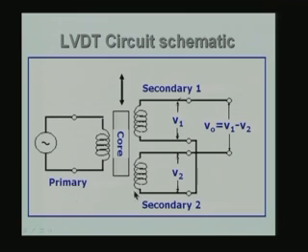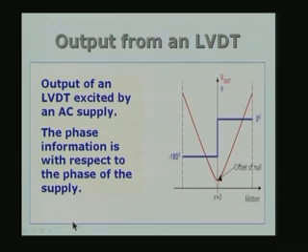This particular circuit is not adequate for practical purposes. So, we will see how a practical circuit can be made, which is going to be helpful in measuring the signal. Before we do that, let us look at the output which we are going to expect. Whatever I said in terms of words, I have repeated here: the output of an LVDT excited by an AC supply. So, we have the output, either it is positive, on this side is the positive output, on this side is the negative output with respect to x equal to 0.